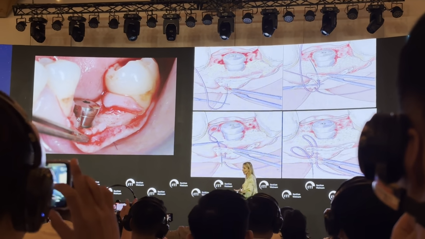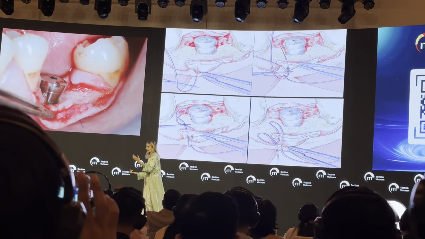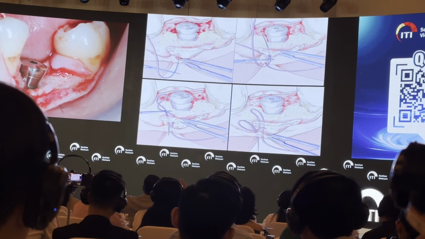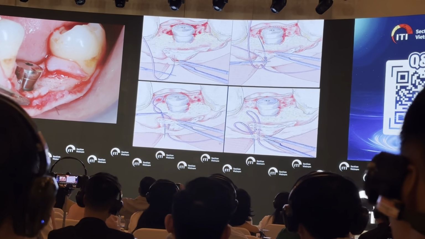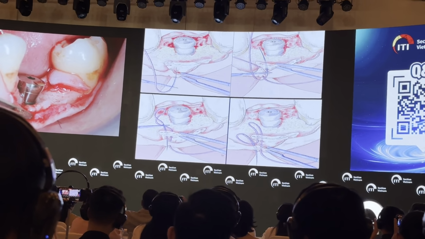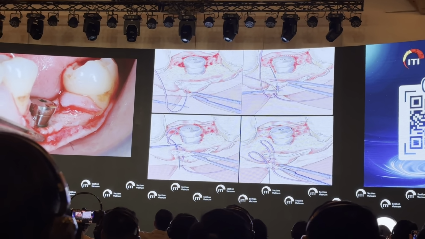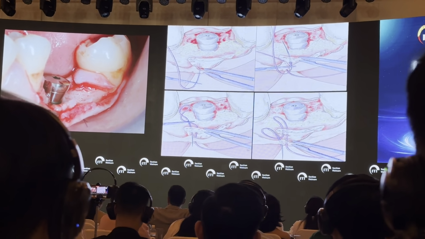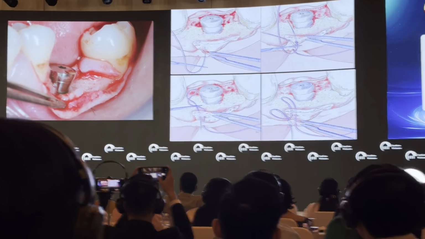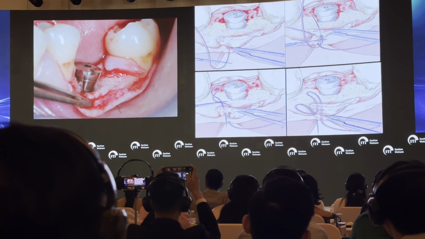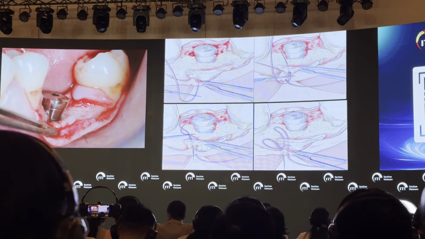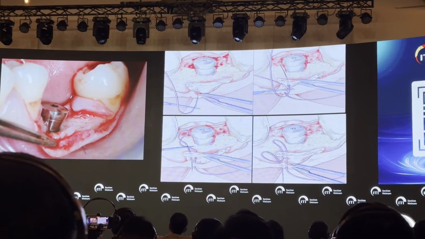So I raise my flap, split thickness, then full, and then split thickness again to obtain the coronal advancement of the flap. As you can see, there is a small buccal bone dehiscence on the buccal aspect of this implant that is going to be completely covered by the connective tissue graft that is fixed to the inner aspect of the flap.